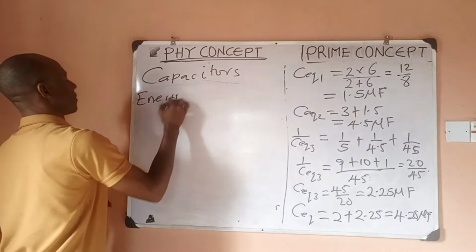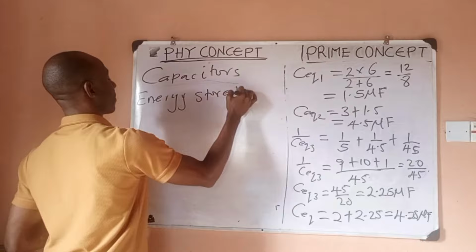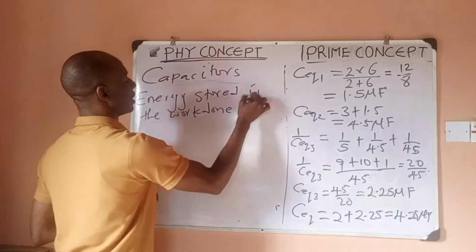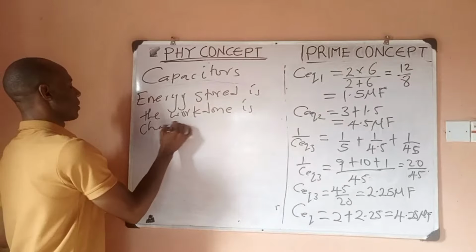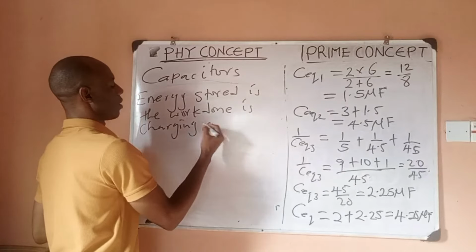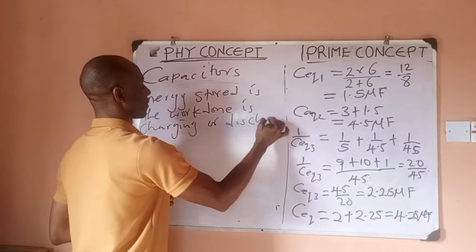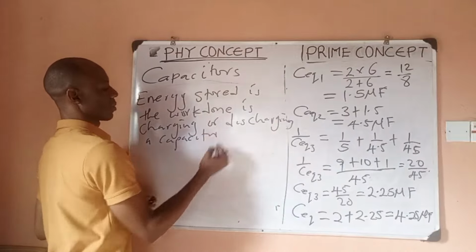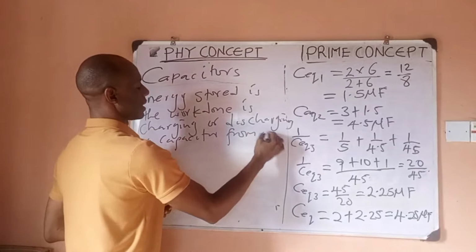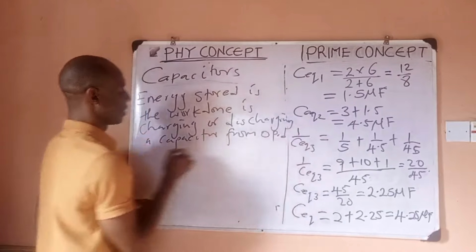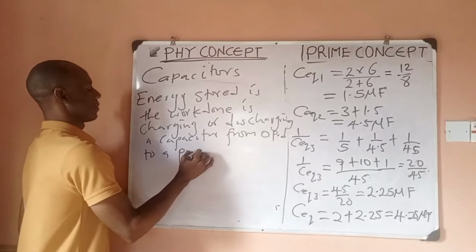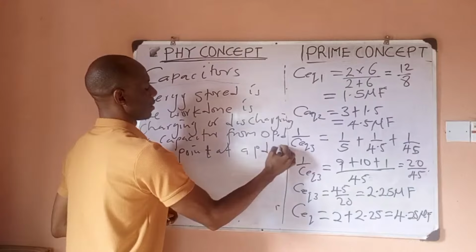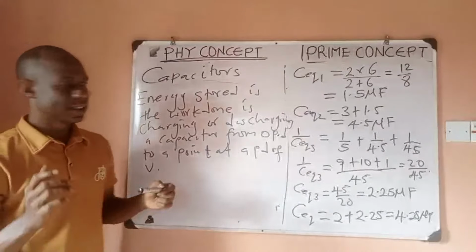Energy stored is the work done in charging or discharging a capacitor from zero potential, 0 PD, to a point at a PD of V. So that is energy stored.